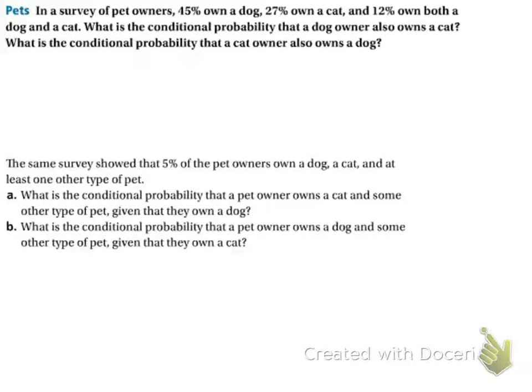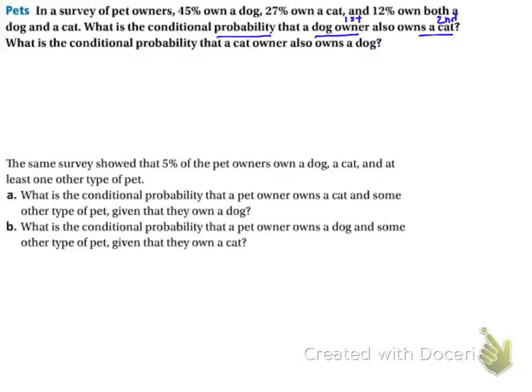Similar type problem. So in a survey of pet owners, 45% of people own a dog, 27% own a cat, and 12% own both a dog and a cat. So with the first problem, I want to find the probability that a dog owner also owns a cat. And so again, the way that that's worded, a dog owner, that's what I care about first, also owns a cat. And so dog owner is going to be the thing that I care about first. Cat is going to be the thing that I care about second.